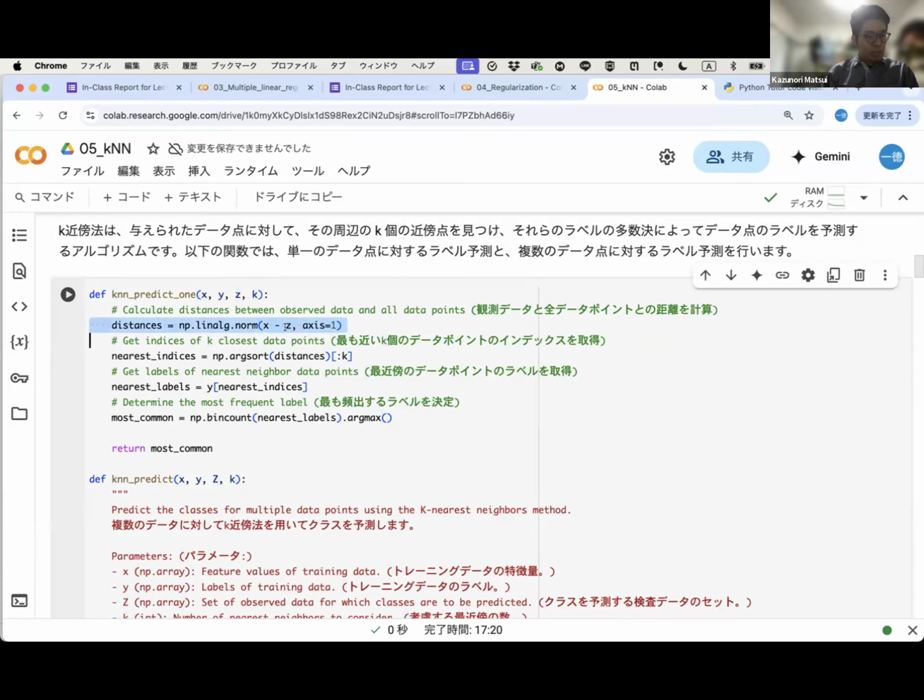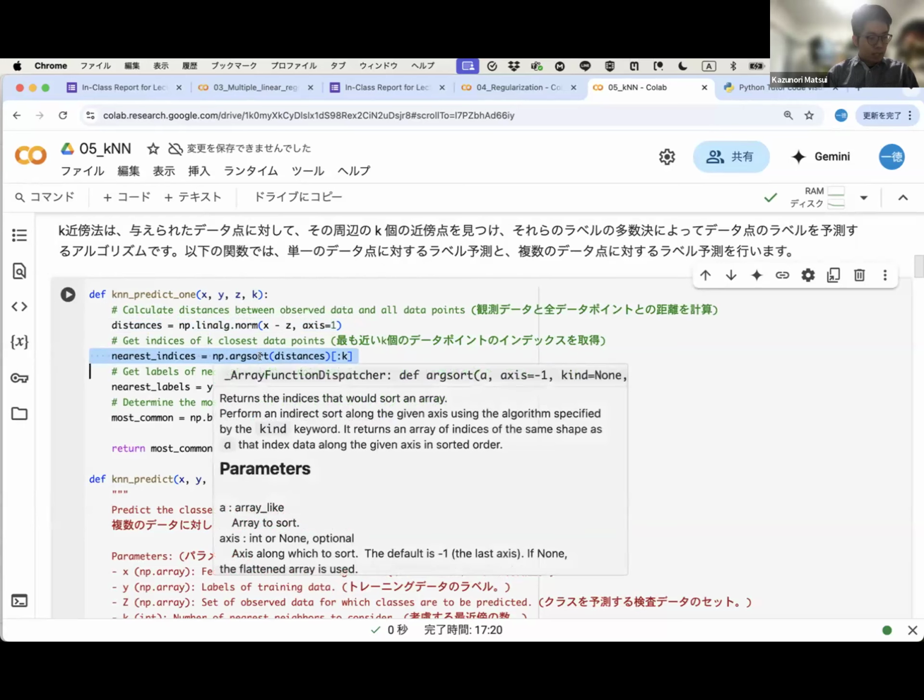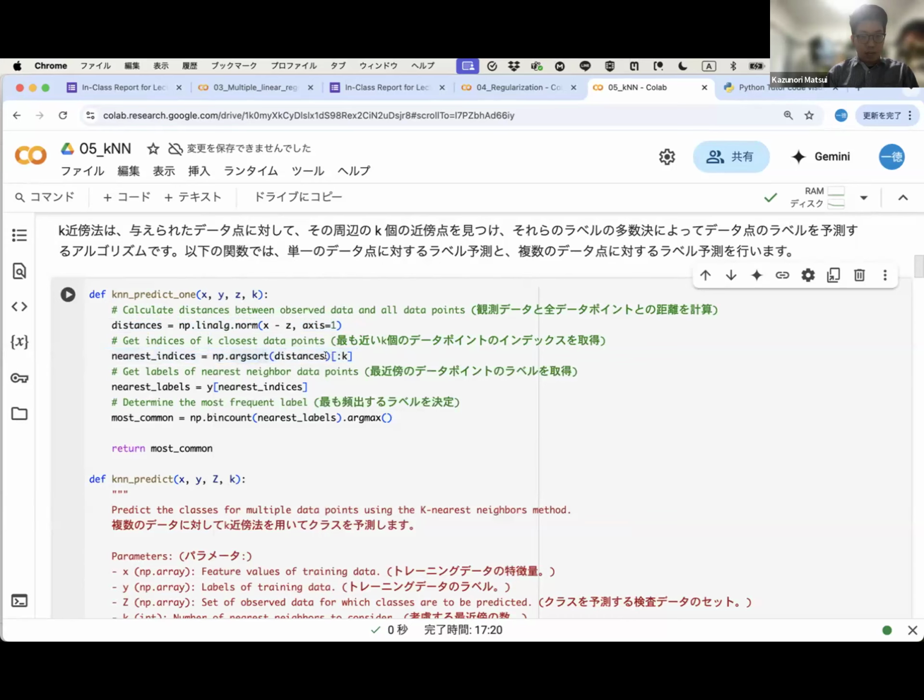Once we have the distance from each data point to z, we use argsort to sort them in ascending order, and then take the first k elements using slicing. Then we get the labels corresponding to these k nearest neighbors, and finally determine the most frequent label using np.bincount().argmax().